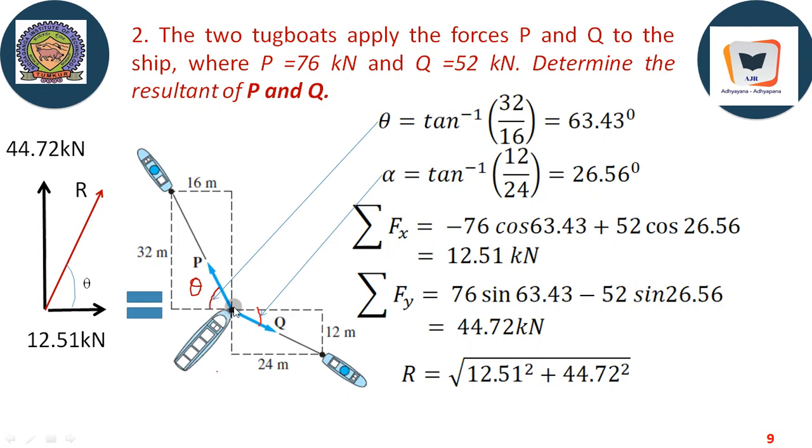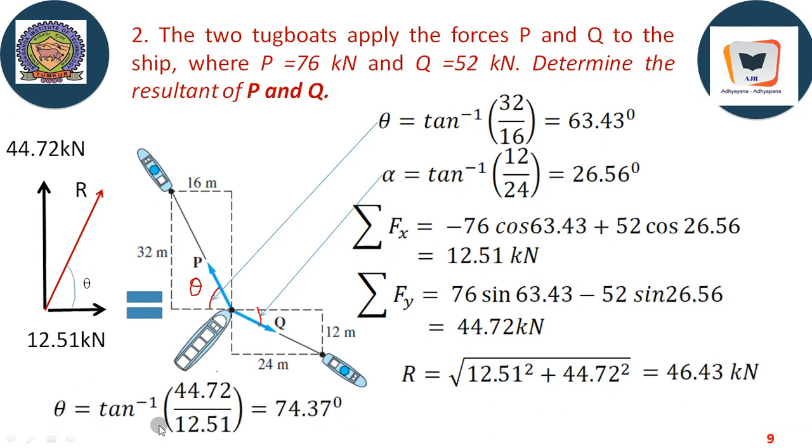This ship will be moving parallel to the resultant, which is inclined at an angle of tan inverse of sigma Fy by sigma Fx, that is 44.72 by 12.5. It is 74.37 degrees.